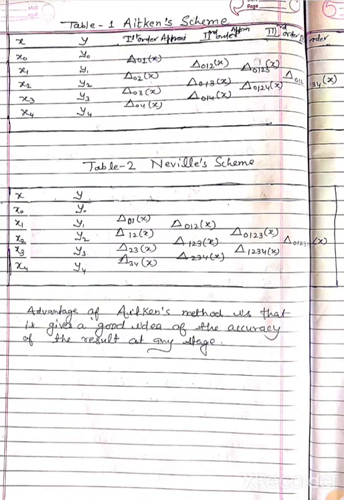Here, in the approximations, the points considered are successive points to the next stage. Here we can see delta 1 2 is calculated in place of delta 0 2, and delta 2 3 x is calculated in place of delta 0 3 x. So we can see the difference from here.